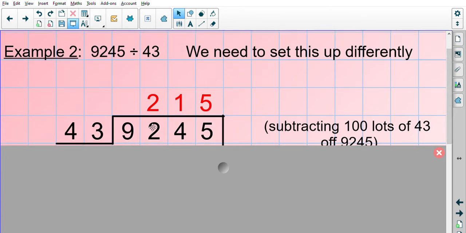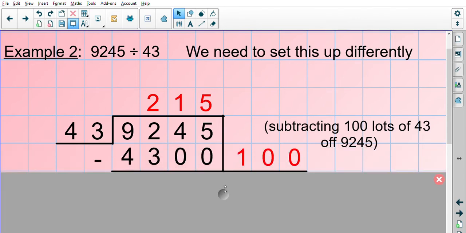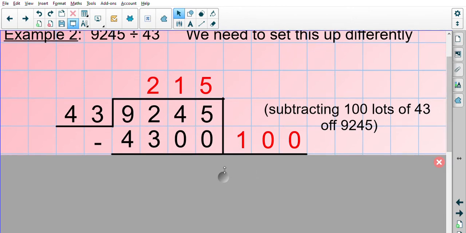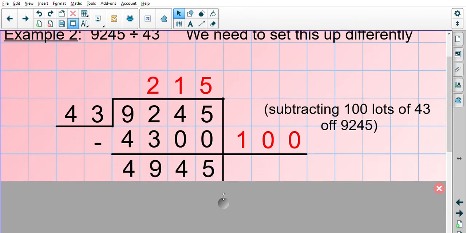Well, I want to try and remove as many 43s as I can. You might spot that if I times this number by 100, so 100 lots of this, that would be 4,300, which I can remove. So I'm going to remove 100 lots of 43 straight away. If I do so, what am I left with? I am left with 4,945 if I do that subtraction. I can now take another 100 off.